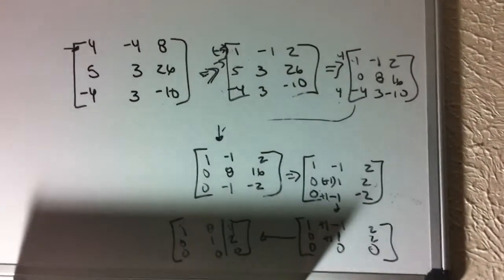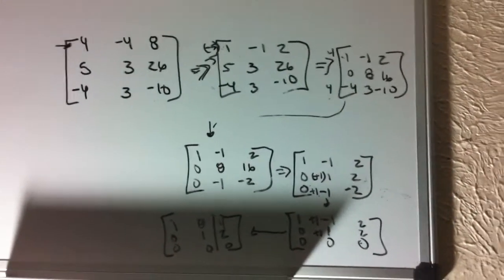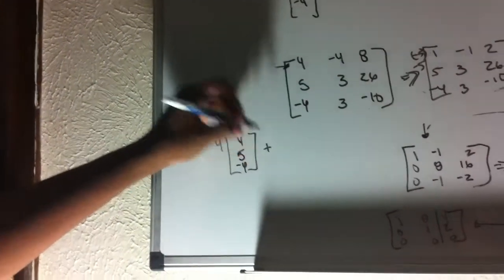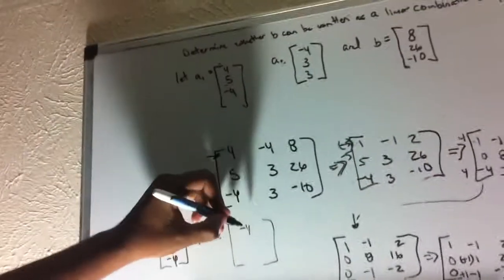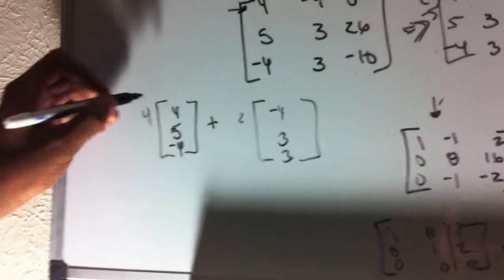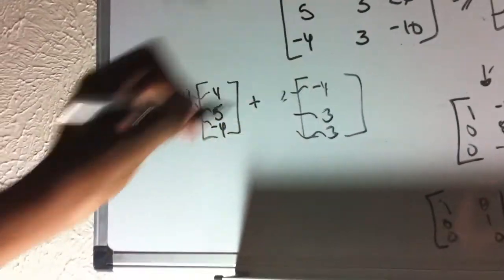So I can actually plug this in. Let me plug this in for you guys so we can check. You'll get 4, 5, negative 4, plus 2, negative 4, 3, 3. Now we just simply do our multiplication, all values right there.